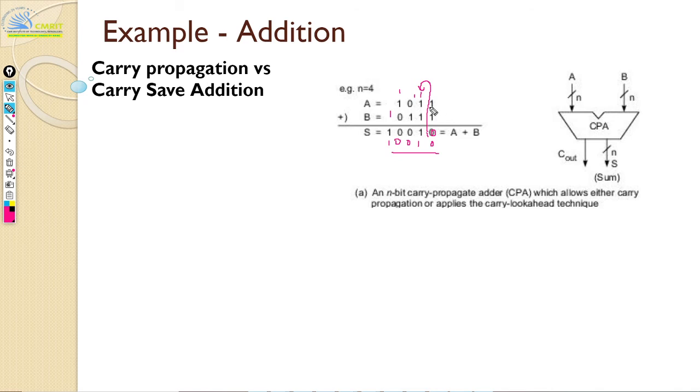Every time, if you notice, at any stage you will add 3 bits, a and then b, and there is a carry also. So here you add 1 plus 1 plus 1 becomes 3. That's the maximum number you can get, right? Which is still a 2-bit number. Okay, so you have 1 as the output, but this 1 again goes as a carry. So if you see, your carry always propagates.